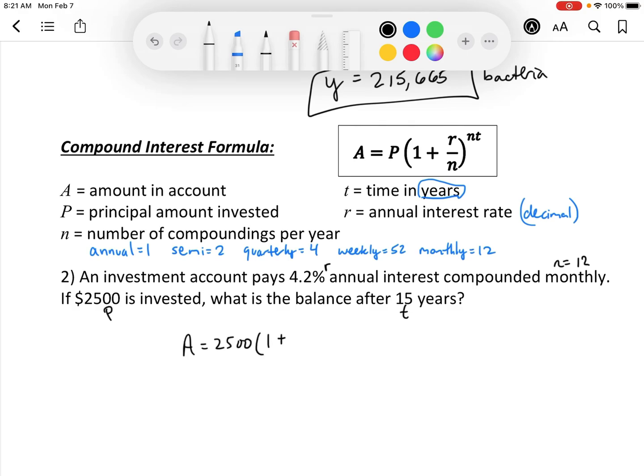And then we have 1 plus r, our rate, which is 0.042, divided by how many times it's compounded. We have 12. And then we're going to raise that to the power of n times t, which is 12 times 15. Going ahead and typing that into my calculator.